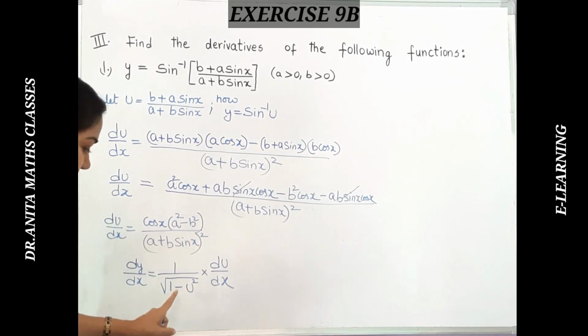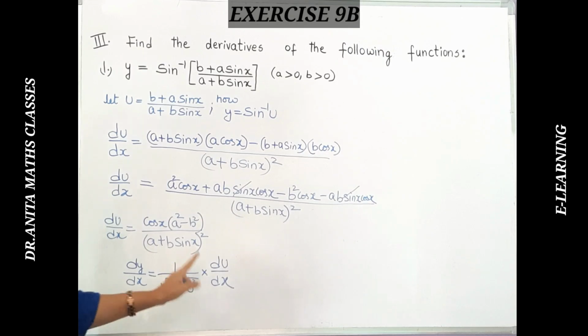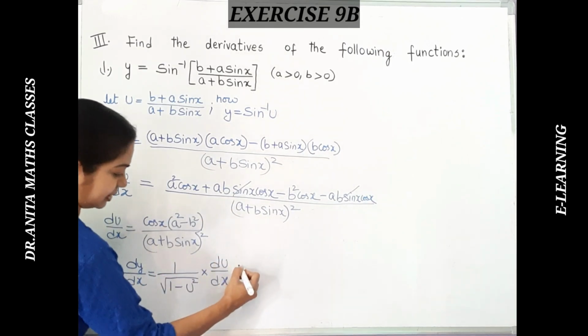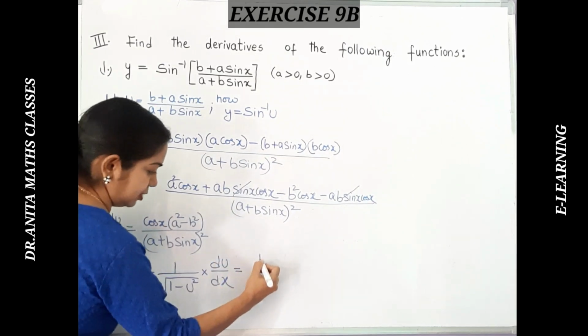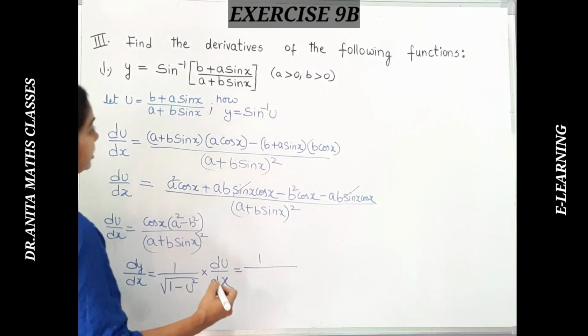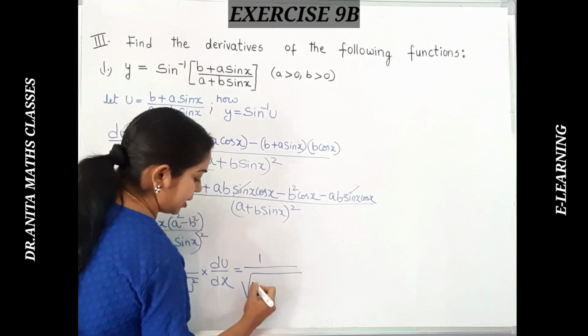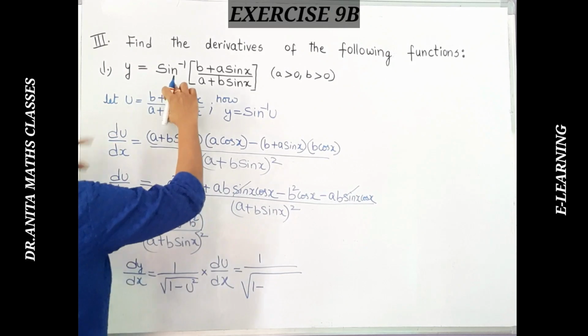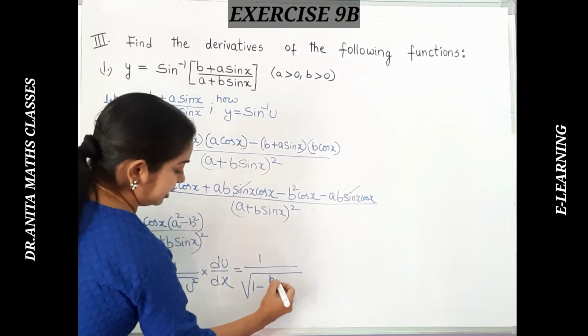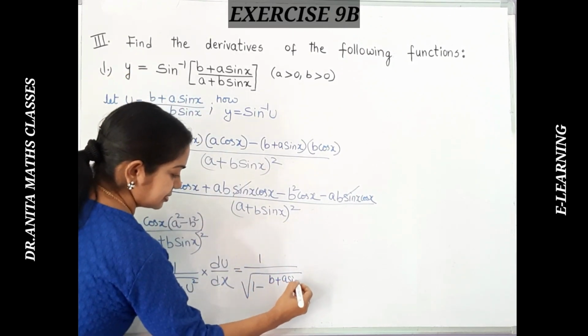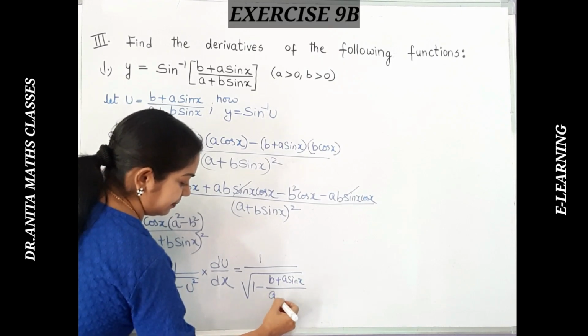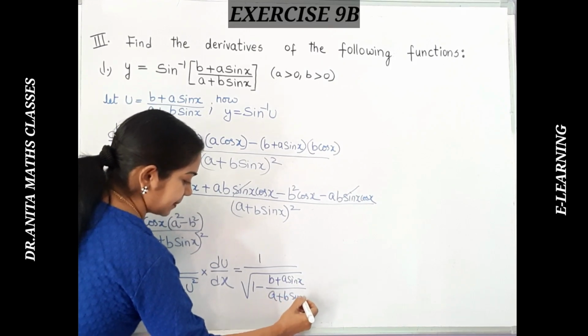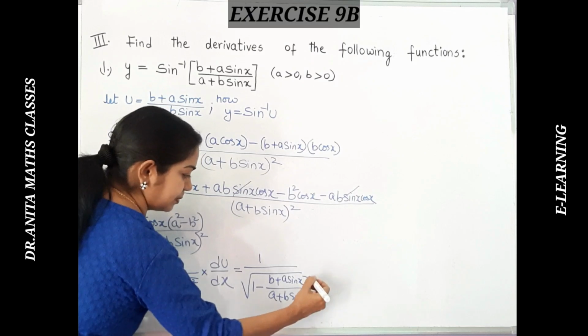We can substitute here. But here what is 1 minus u square? So 1 minus u square means, I'll write it here, 1 upon under root 1 minus u, which is this one. Okay, so b plus a sin x divided by a plus b sin x whole square. This is the u part.